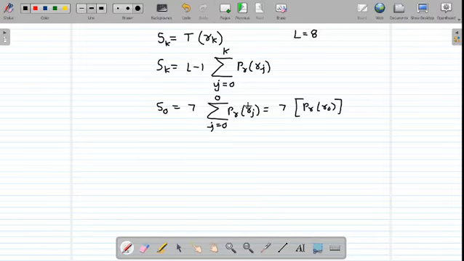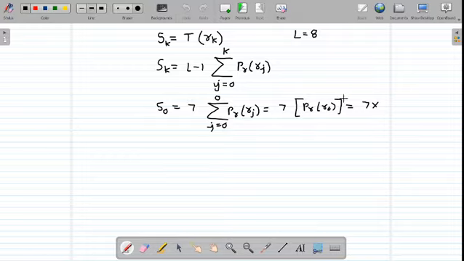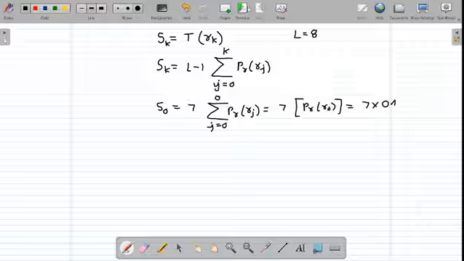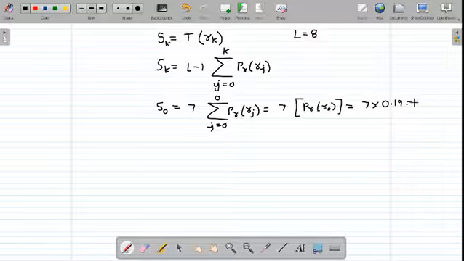Just expanding this summation symbol, the probability of R naught is how much? 0.19. So 7 into 0.19 would give you 1.33. So s0 equals 1.33.